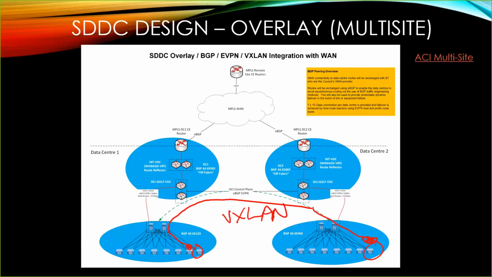So if this one has a host or a server connected to it that needs to speak to a server on this switch, and it knows its IP address, it learns via the spine switches, which have learned via EVPN that the host resides on this side of the network. It builds a VXLAN tunnel between the leaf nodes on either side across the IP network link or data center interconnect, and that's how they communicate.